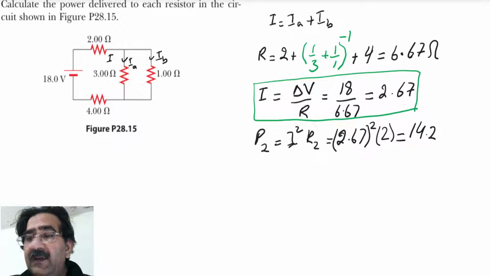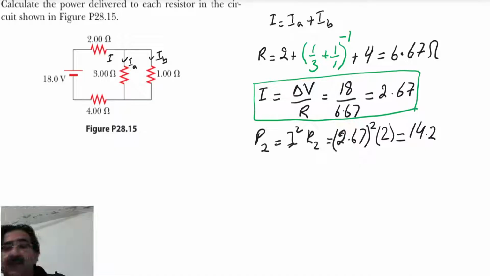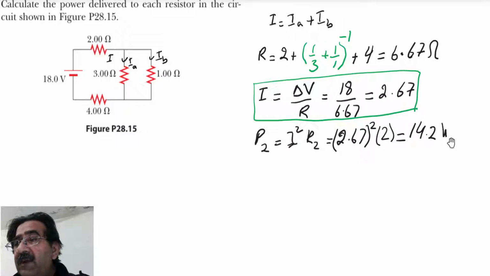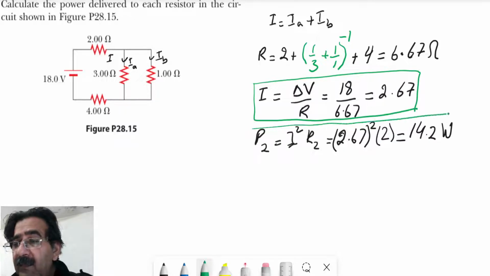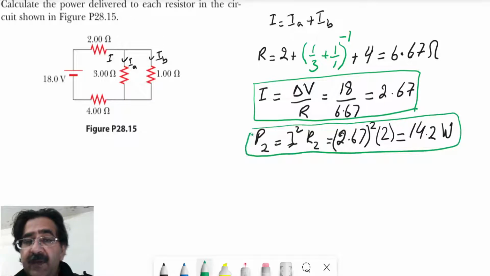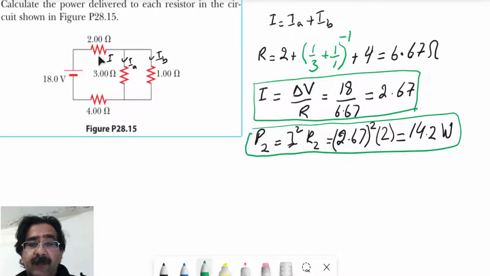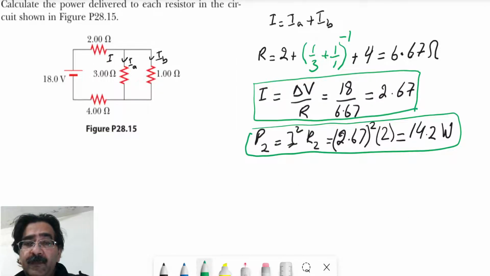When we take the square of 2.67 and multiply with 2, that will be 14.2 watts. This will be the power delivered to resistance 2.